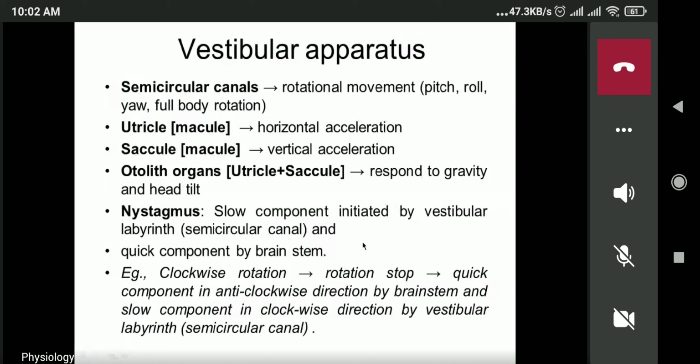If cold water is given in the left ear, the quick component of the nystagmus will be to the right. Warm: W for warm, the same side. If you give warm water in the right ear, then the quick component of the nystagmus will be in the right direction, that is, the same side, right?